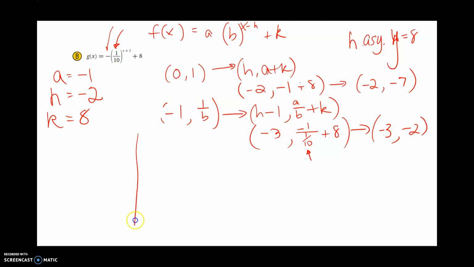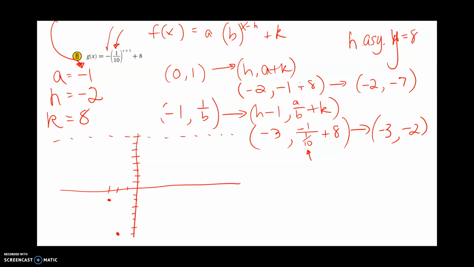All right, I'm going to graph this on my calculator. Y equals 8, 1, 2, 3, 4, 5, 6, 7, 8. Negative 2, it's 1, 2, 3, 4, 5, 6, 7. (-3, -2). So notice our asymptote is above. Remember what a negative a does to the parent graph.